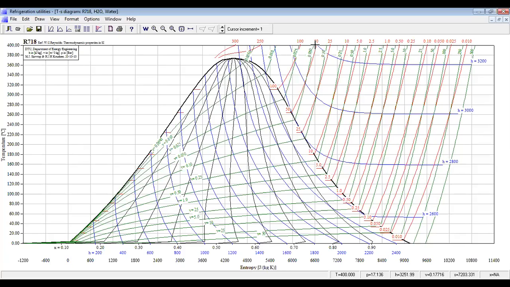Pressure 50 here, 60 is here. Yes, that is 84. Okay. And just keep the cursor. See, you can get it.